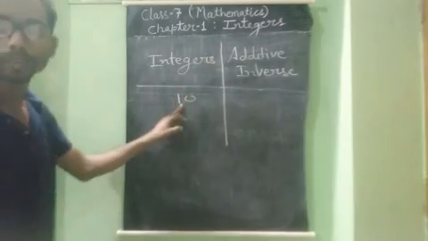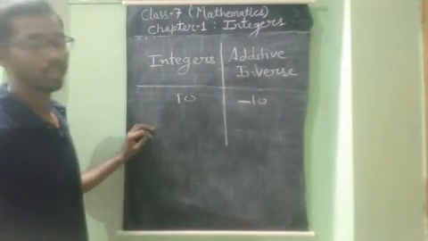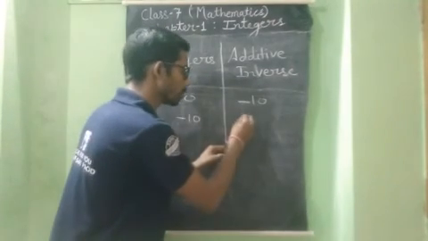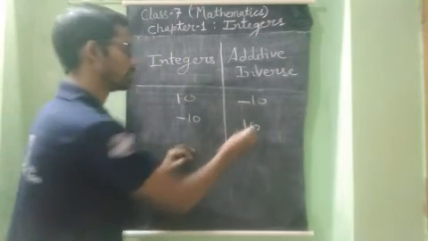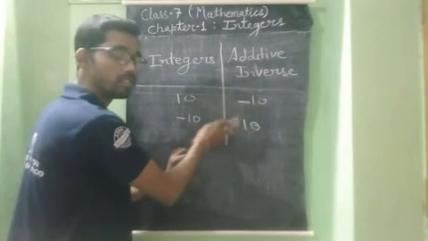The additive inverse of 10 is always minus 10, and the additive inverse of minus 10 is always 10. 10 means plus 10, but the plus is hidden here.